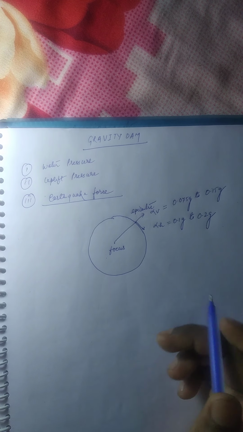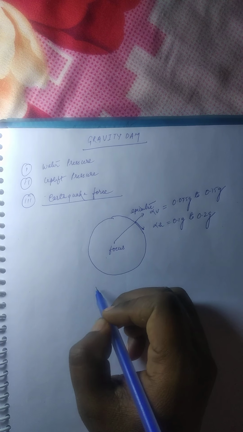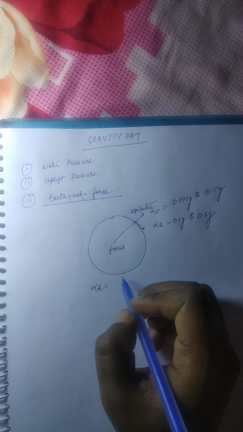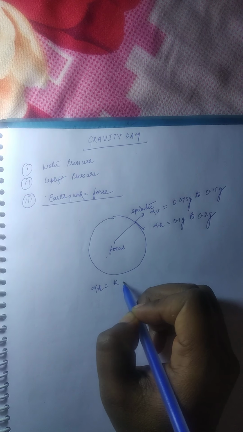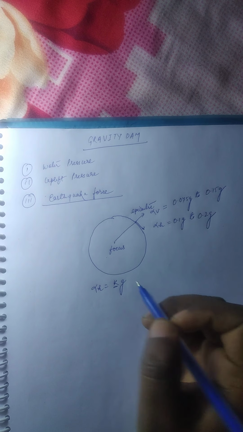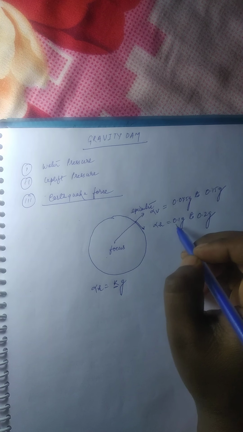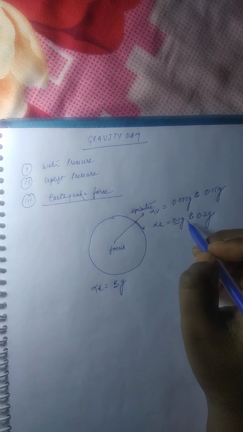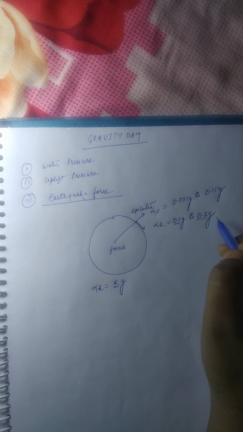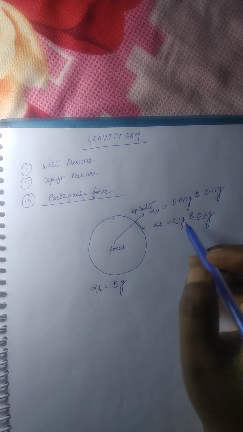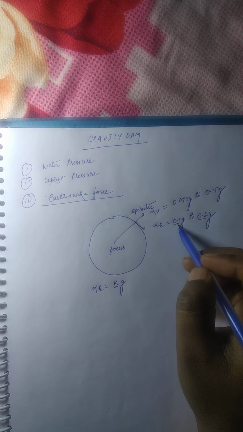The general formula of horizontal acceleration is alpha h equals k times g. Here k is the value we have already discussed, that is 0.1 g to 0.2 g. Here the value of k is 0.1 to 0.2.